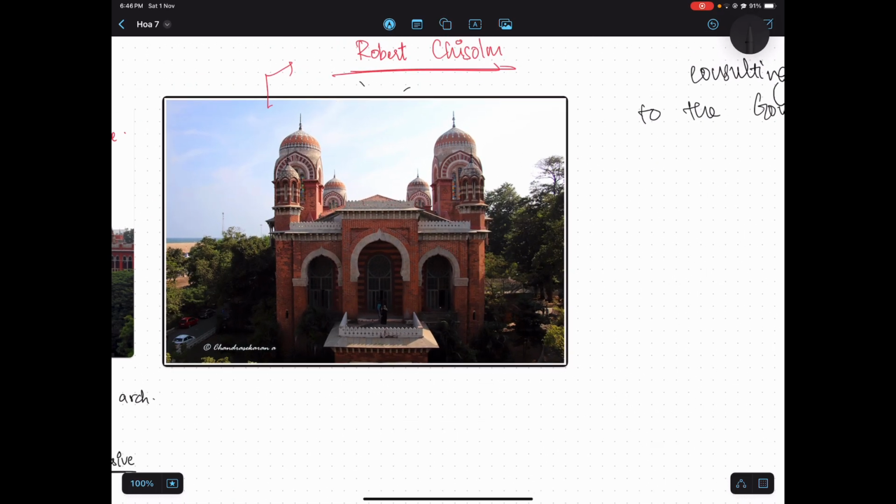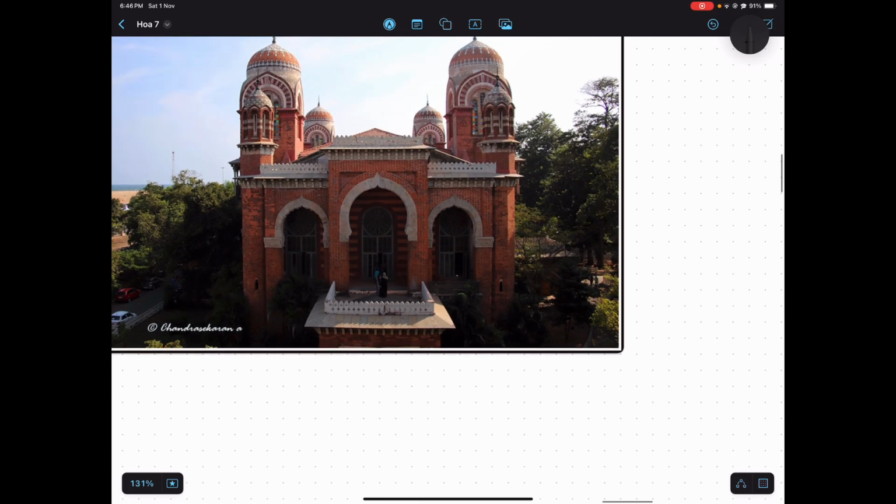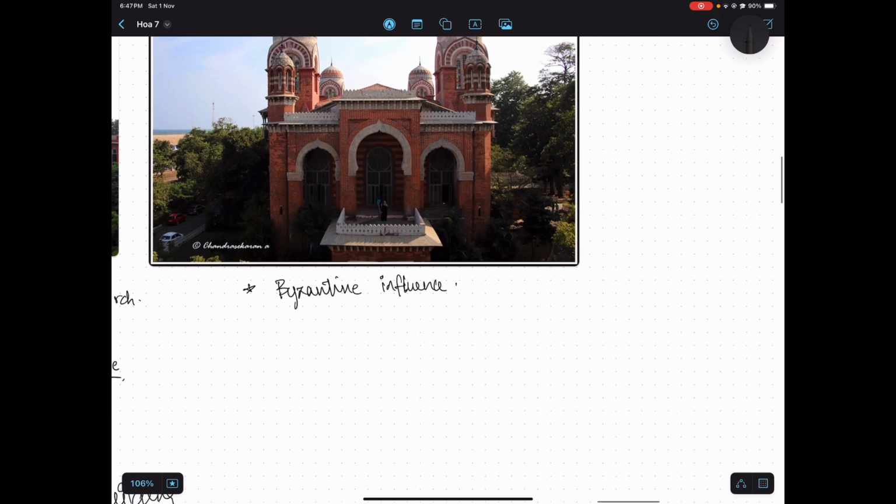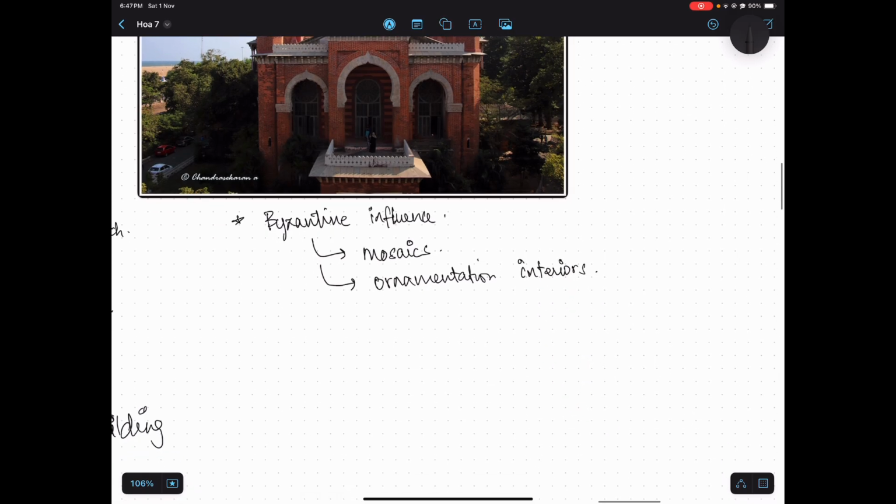So now let's talk about the Senate House. Senate House has a lot of influence from the Byzantine era. Byzantine influence was seen a lot, like the use of mosaics for floor, or the use of ornamentation on the interior of the domes, and many others.